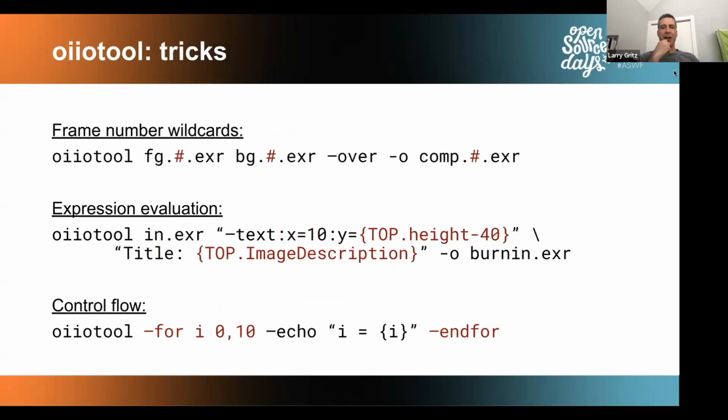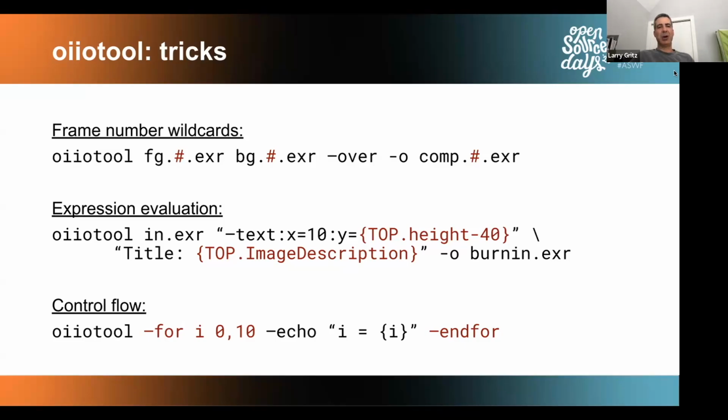And a few tricks, if you haven't stumbled on these on your own, that make it really handy for scripting on the command line. One thing is that there are a few symbols that it knows to treat as numeric wildcard expansion. If you have a lot of images that are numbered, as often happens in production, a directory full of frames 1, 2, 3, 4, and so on, one command can do the same operation to all of the sequences of files.